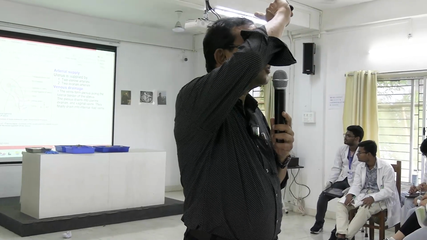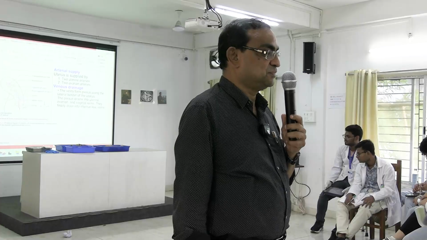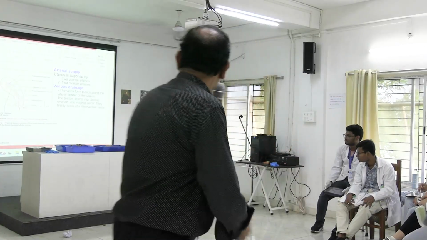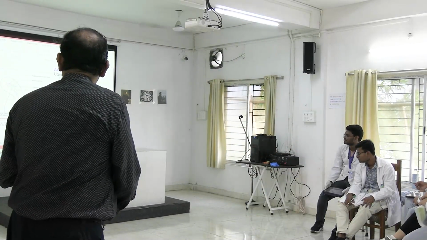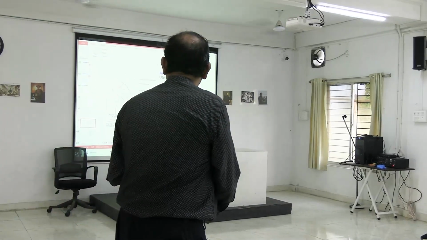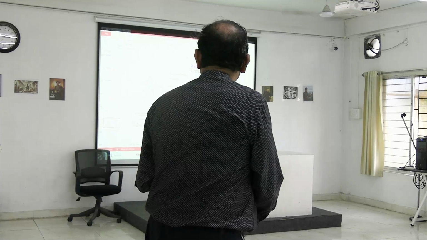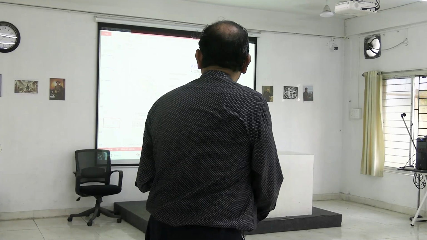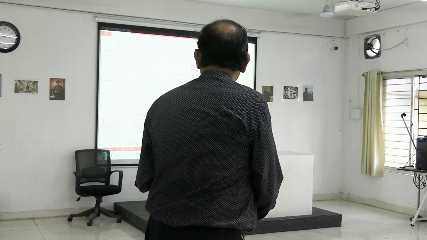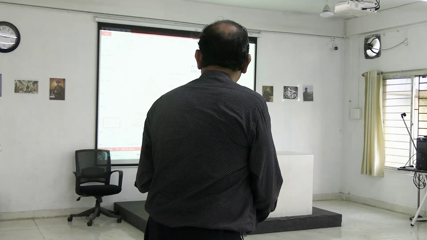This figure shows the tracing of the broad ligament. This is the anterior part, and it is coming up, and it covers the fallopian tube or uterine tube, and this is the posterior part.